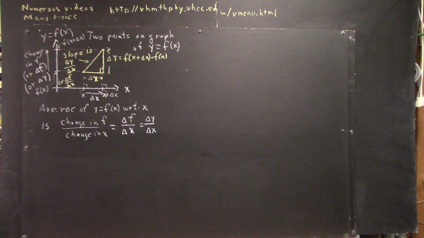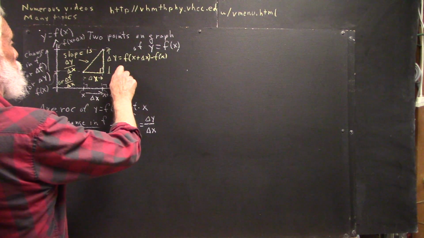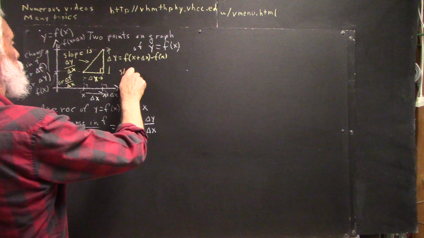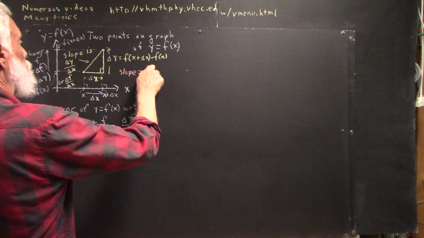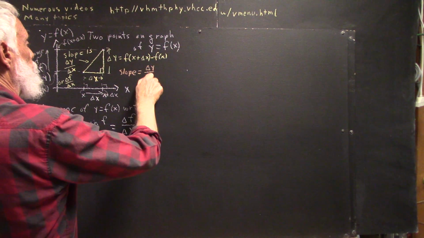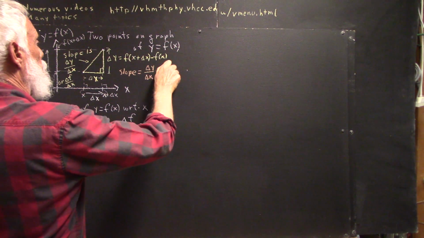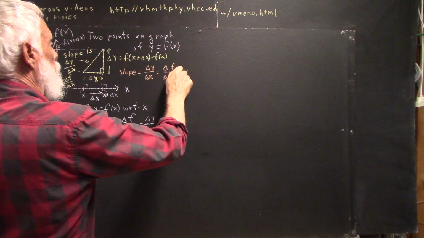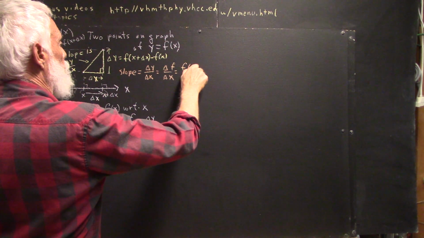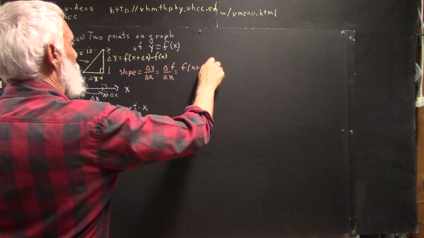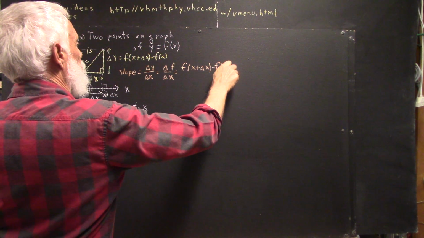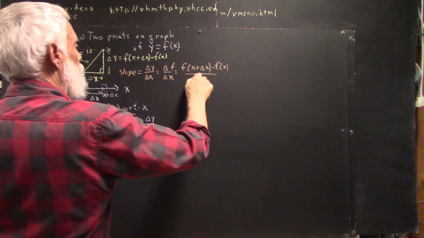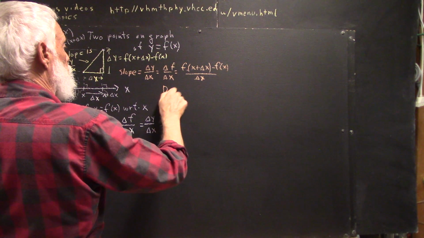So we can also note that slope is delta y over delta x, which is delta f over delta x, which is f of x plus delta x minus f of x over delta x, our difference quotient.